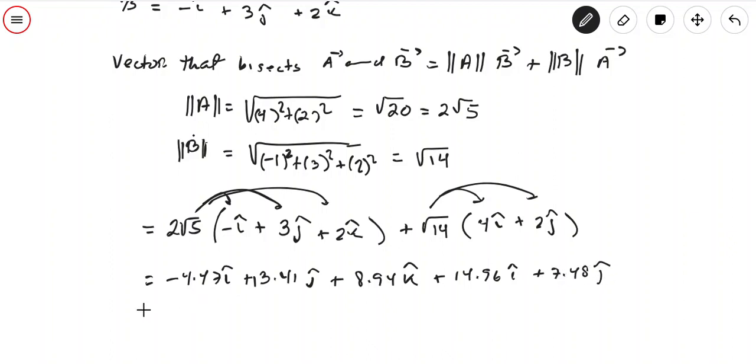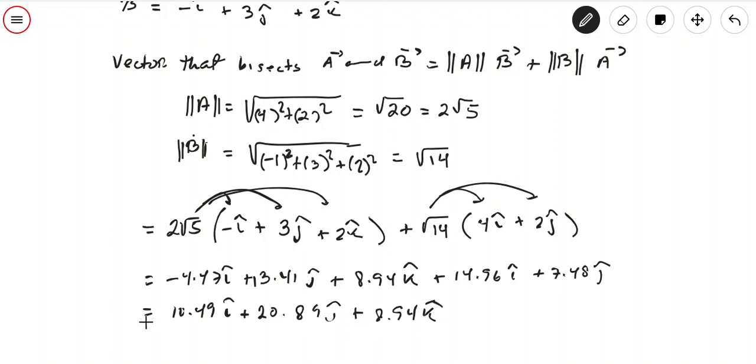We combine the similar terms, that means the same components with the same unit vectors, and we get 10.49i plus 20.89j plus 8.94k.